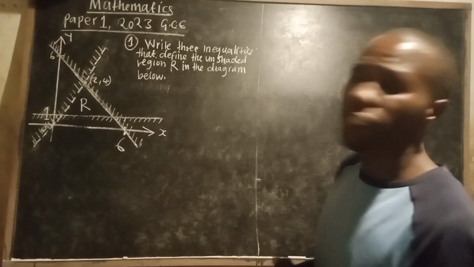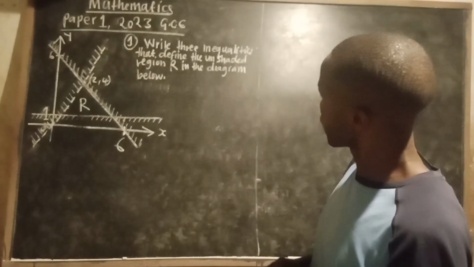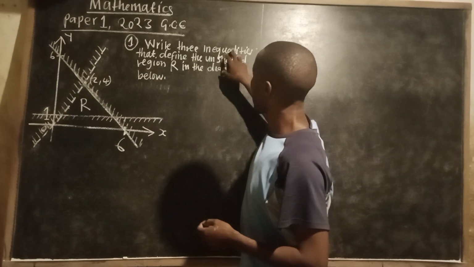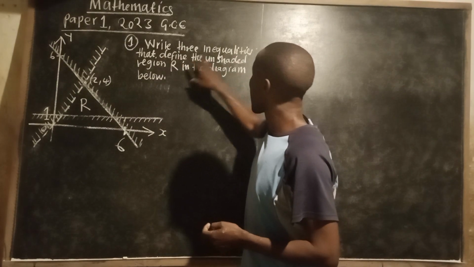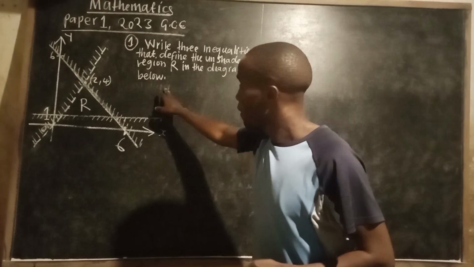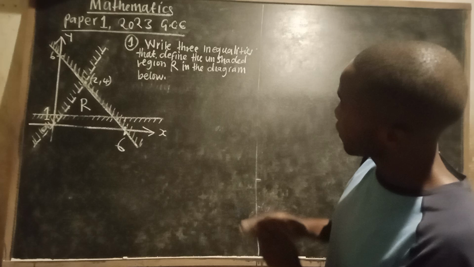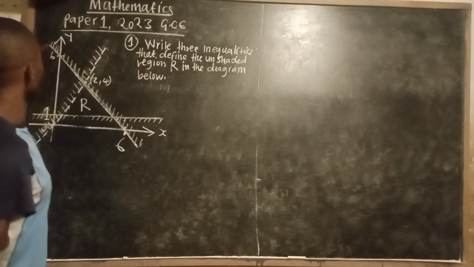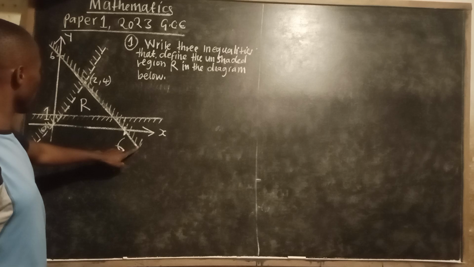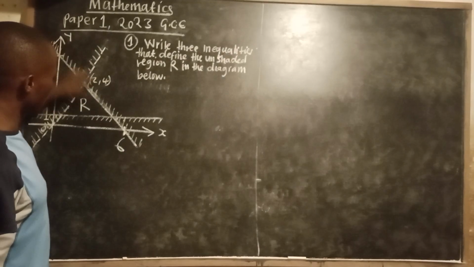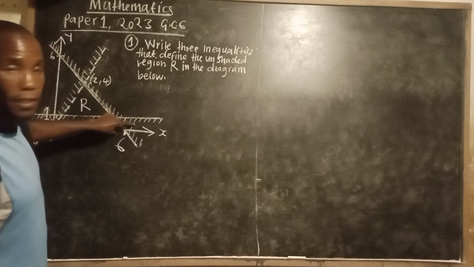Now, how do we start this question? The question says, write 3 inequalities that define the unshaded region in the diagram. When we look at the diagram, we have how many lines? We have this line, which intercepts the y-axis as well as the x-axis.